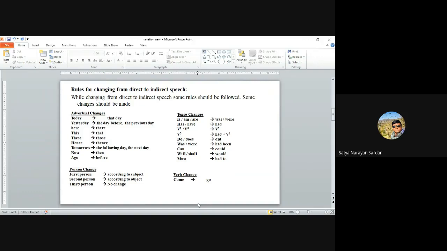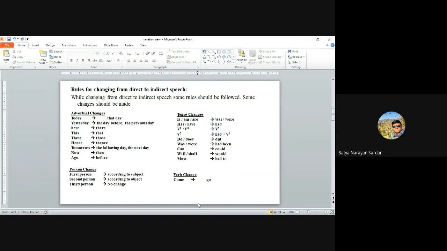Must into had to. So far as person is concerned, inside the inverted commas, if we get the use of first person, it is changed according to the subject of the reporting part. If there is the use of second person inside the inverted commas, it is changed according to the object of the reporting part.